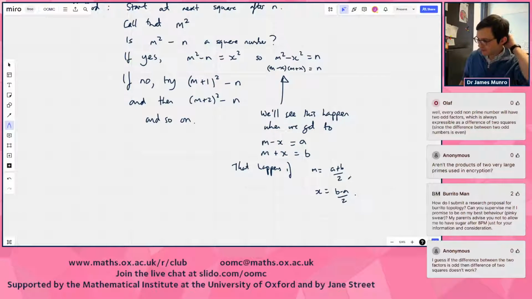So you have to keep going until you get up to, I guess I shouldn't be saying m plus 1, m plus 2 or something. I should be incrementing m and still calling it m. Computer science, eh? It happens when m gets to a plus b over 2, kind of the average of those two factors.